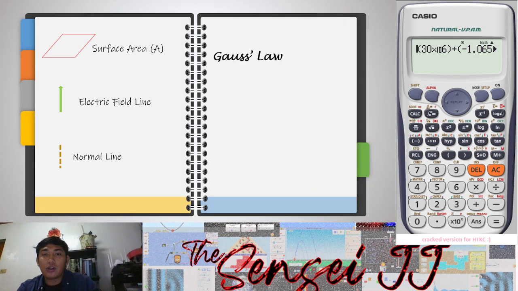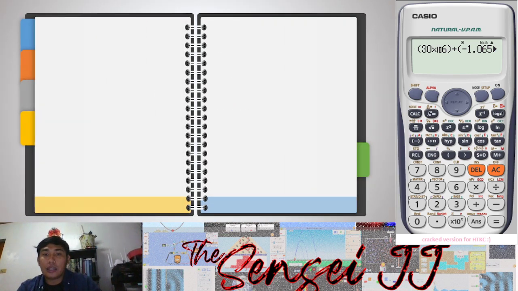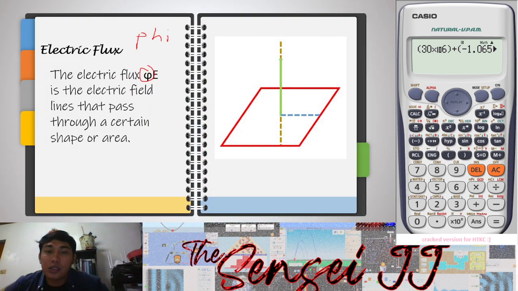Okay? So based on our drawing, makikita ninyo dito yung pag-pass through ng ating electrical field line doon sa ating surface area, perpendicular. That's why we have here our blue line. This one is to indicate that this is a perpendicular angle sa ating electrical field line.